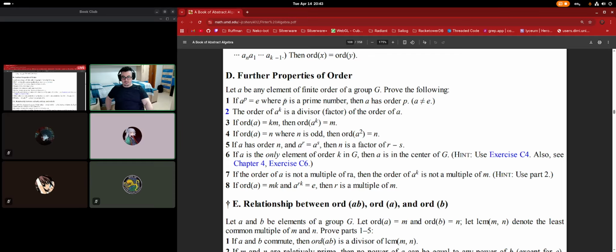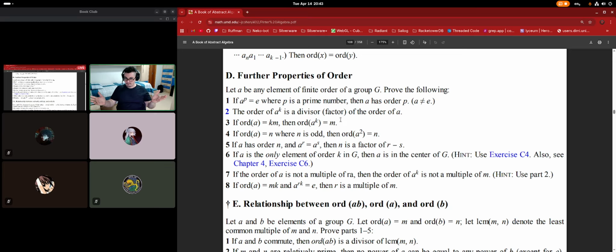That means that it's only divisible by itself or by 1. But we know that this is true, which means that p cannot be 1. But if p is a prime and it's not 1, it cannot be any other number below it. Which means that p must be the smallest positive integer for which this is true, which means that p is the order of a.